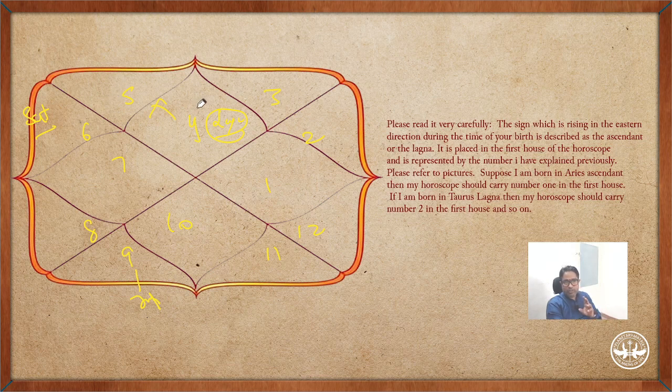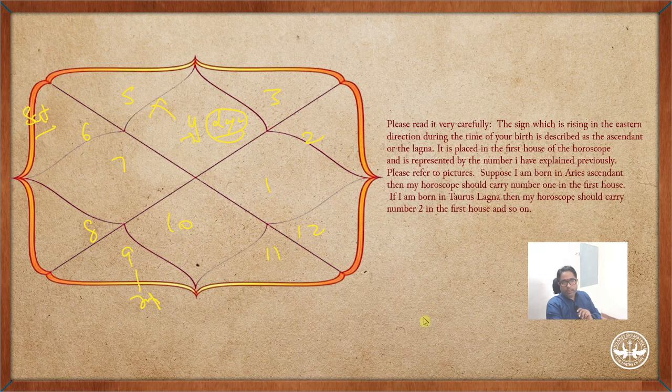Don't confuse, which is the usual confusion people have: this is not house number 4, this is rashi 4, the rising ascendant, and based on this all the rashis are placed. This house remains number 1, but this number is not written over here because we don't need it. We just remember it visually. This is house number 1, this is house number 2, house number 3, house number 4.